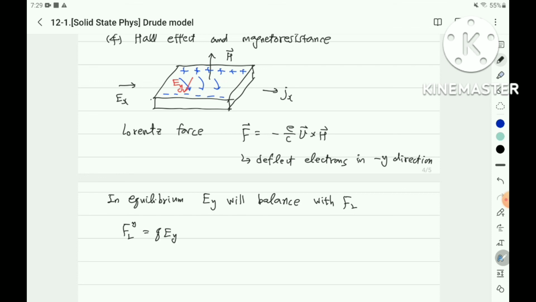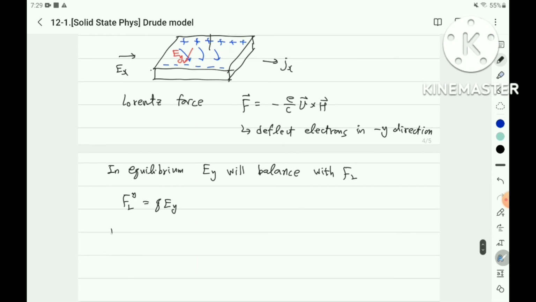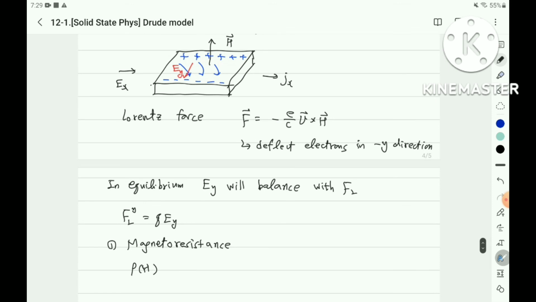Here, in this case, we can define the magnetoresistance. When you do not take into account the magnetic field, there is no electron deflection, and all the electrons participate in the conduction in the direction of the electric field.